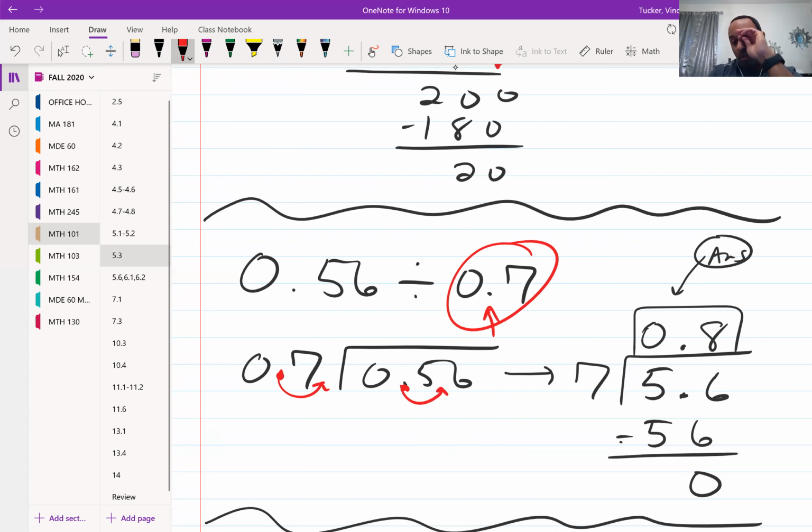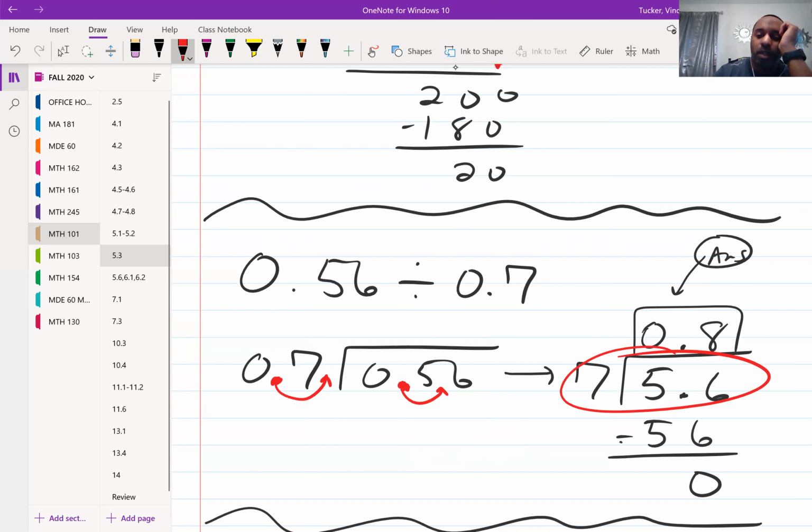So we're going to use that value and move the decimal however many times it takes to get to the right of the rightmost digit. Whatever we do to the outside, we do to the inside of this number. That gives us this new problem of 7 into 5.6.